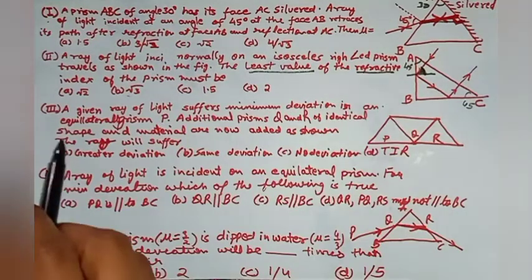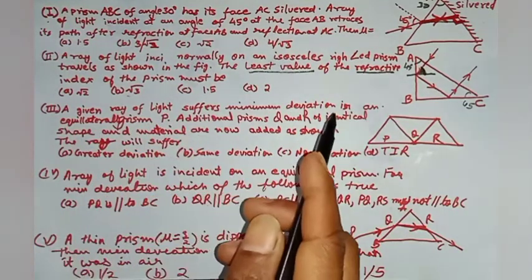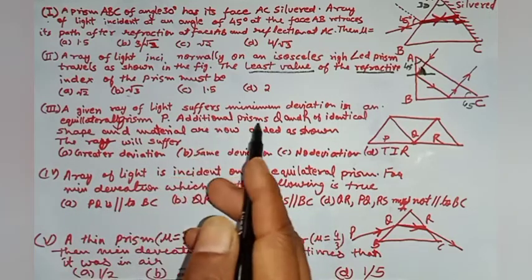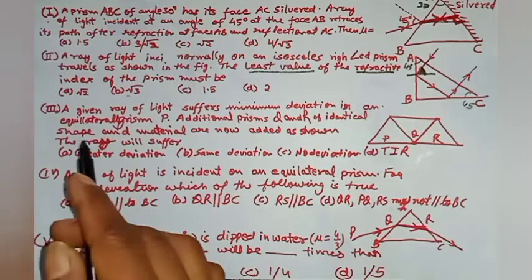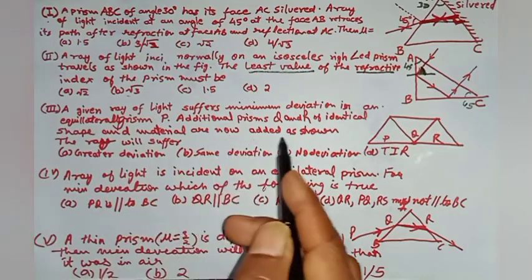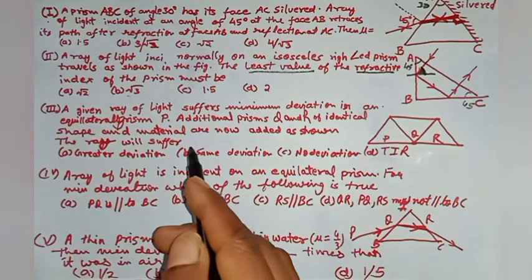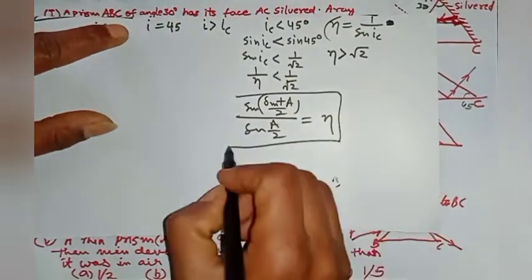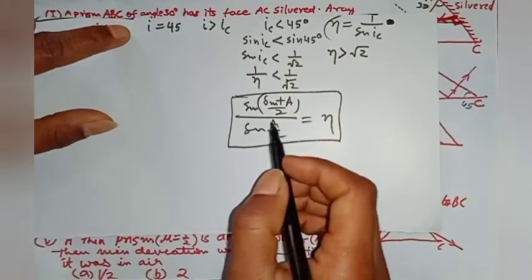Here it is. A given ray of light suffers minimum deviation in an equilateral prism P. Additional prisms Q and R of identical shape and identical material are now added as shown. The ray will suffer, now what will happen? See, we know this prism formula for minimum deviation, of course.